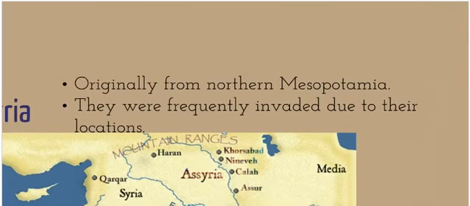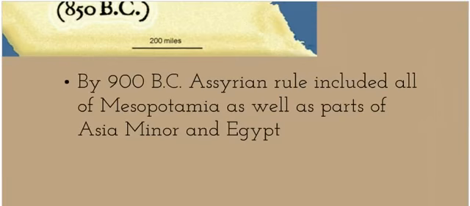Now, they also have the advantage of the Tigris and the Euphrates rivers depositing a lot of fertile soil, but they also have a very good climate. They're originally from northern Mesopotamia, but because of their location and their climate, they were frequently invaded. And this causes Assyria to focus more on their military, because they were tired of getting invaded and didn't want to lose their land, so they focus on the military to defend themselves.